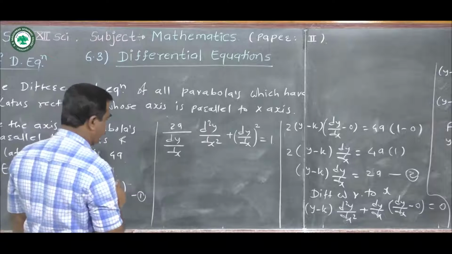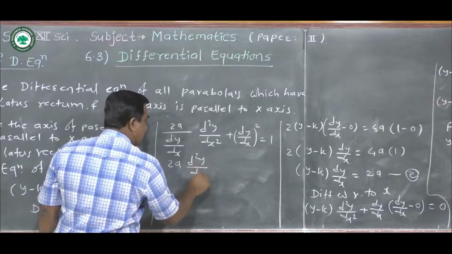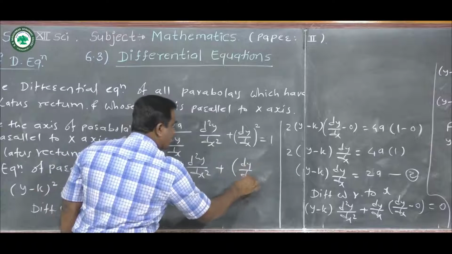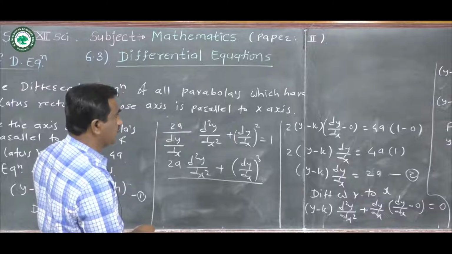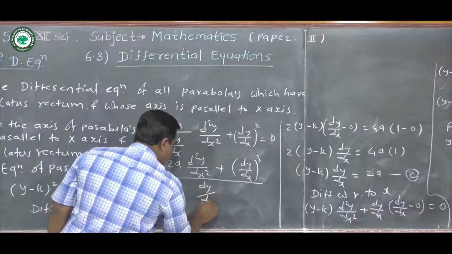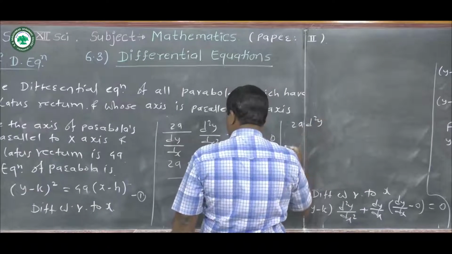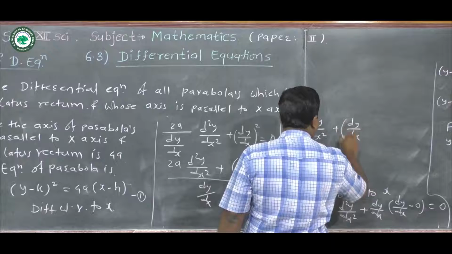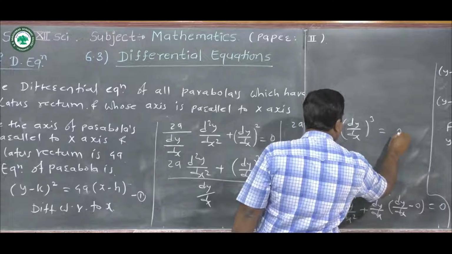That is, 2a into d square y by dx square plus, taking the product of these two terms, we get (dy by dx) cube upon dy by dx, equal to 0. 2a into d square y by dx square plus (dy by dx) cube is equal to 0 into dy by dx, which is equal to 0.